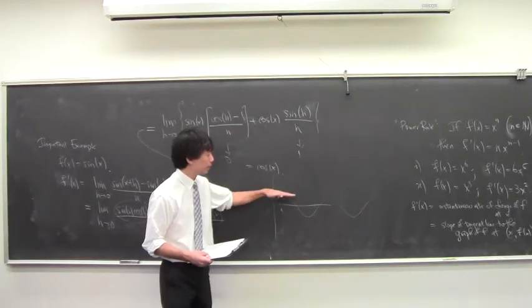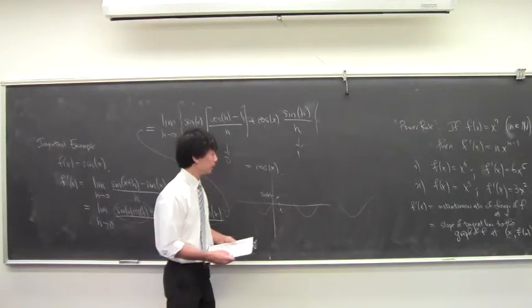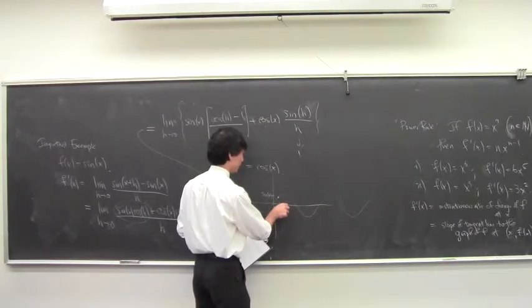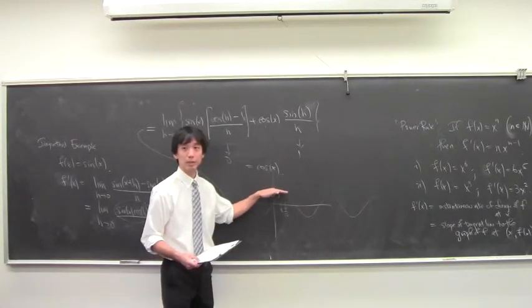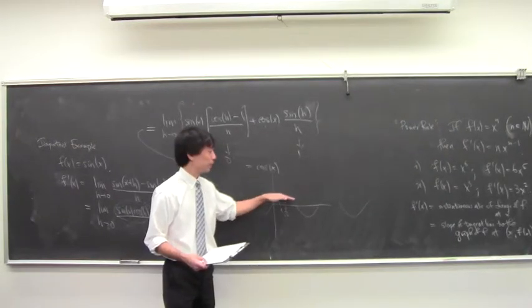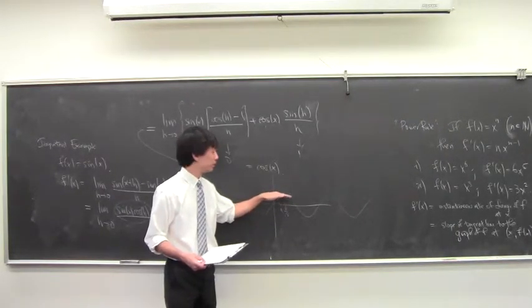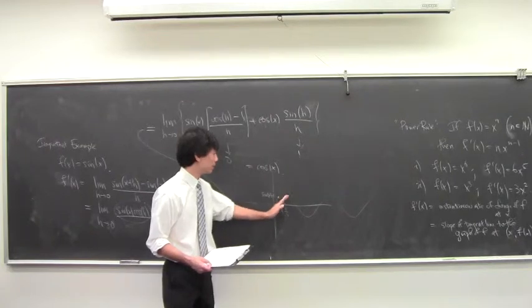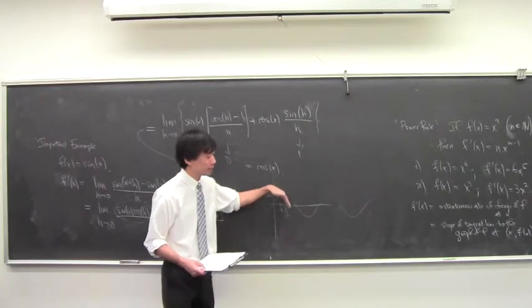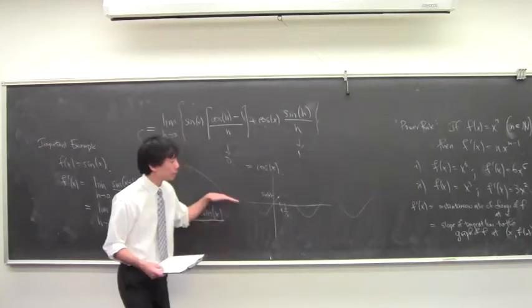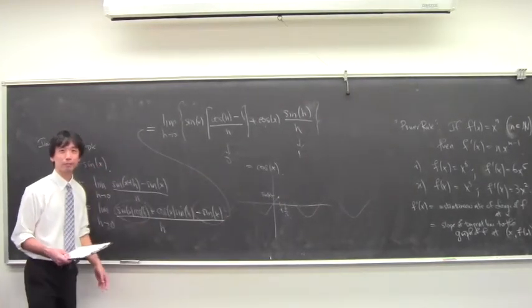At the top, at pi over 2, sine is 1, cosine is 0. Sorry, I said it backwards. And so on and so forth. They sort of complement each other.